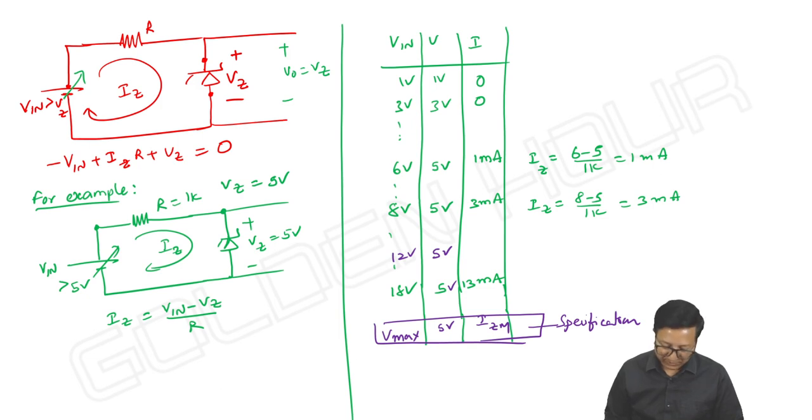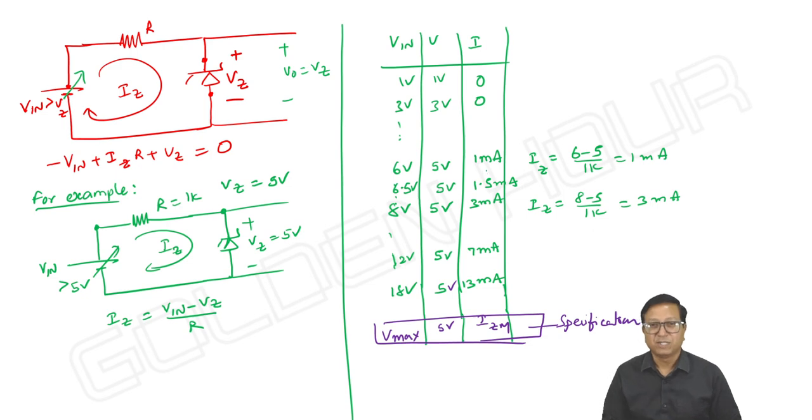Next, further I am decreasing the input. If we decrease the input voltage, suppose it is like some 12 volts, then still it is 5 volts, and it is 7 milliampere. If suppose it is some 6.5 volts, then still it maintains 5 volts, so 1.5 milliampere, just as an example I am writing.